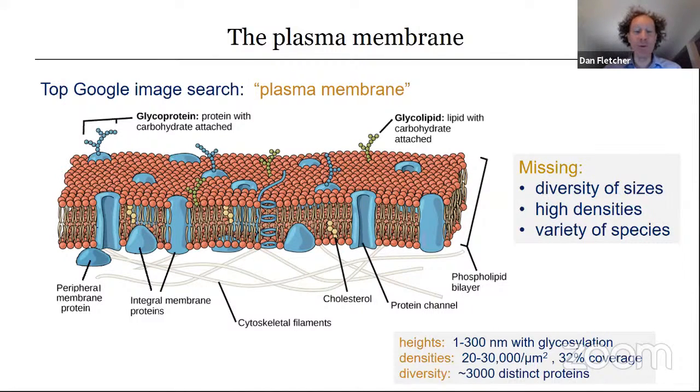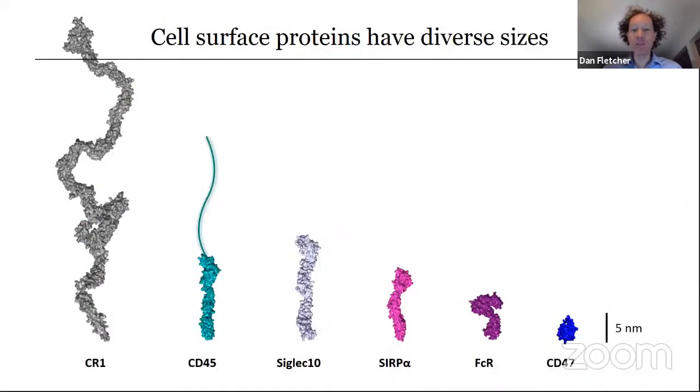About 3,000 different proteins in the human proteome can be found on cell surfaces. Now, we know from structural studies that the cell surface proteins can have a variety of sizes. If you simply look at either solved structures or if you add together the domains that make up an extracellular domain, it's clear that they must exist over a range of different heights.